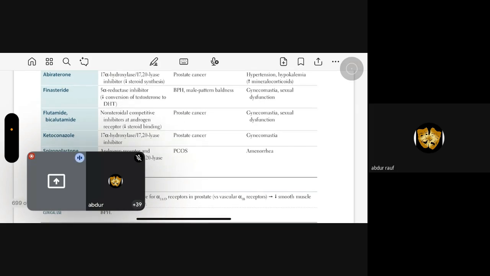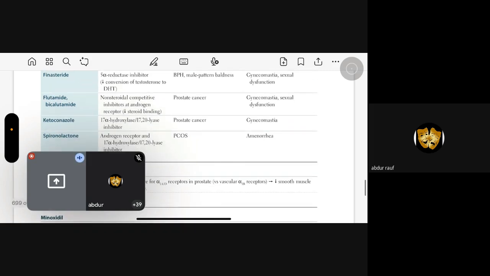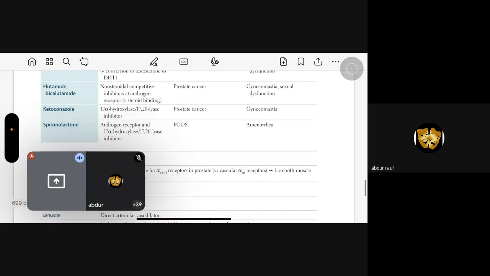Flutamide and bicalutamide, again, they are inhibitors of testosterone, and we use them for prostate cancer because prostate cancer is hormone sensitive. Ketoconazole is an androgen synthesis inhibitor, and we use it for prostate cancer as well. You do not need to remember the 17 alpha hydroxylase and 17,20 lyase inhibitors. These are the names of the enzymes that lead to specific steps in the formation of testosterone.